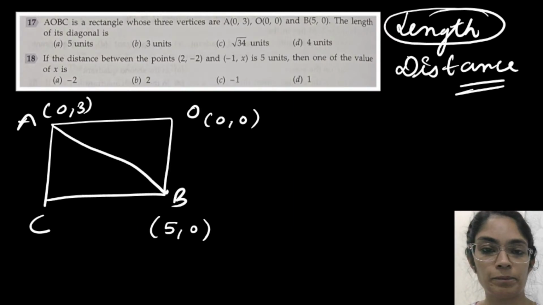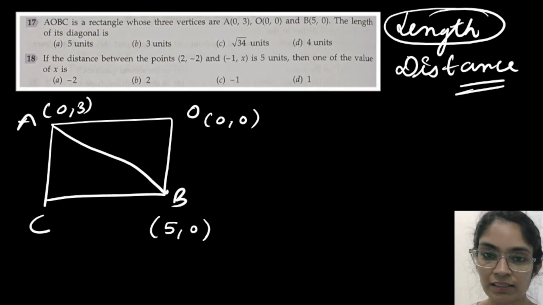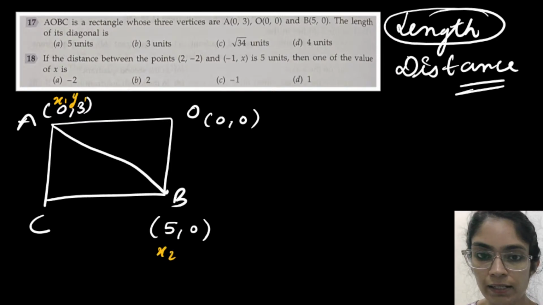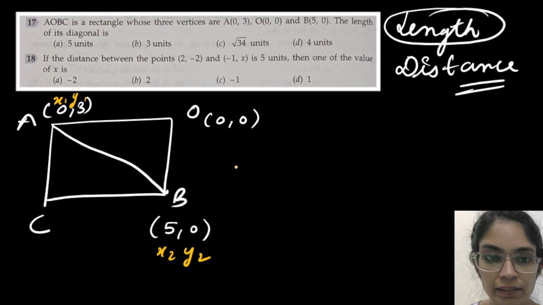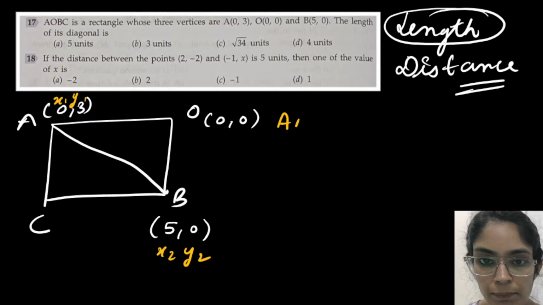It's fine. Okay. So the length of the diagonal we have to find by using the distance formula. Again here also we can use the distance formula. A's coordinates we can write as x1, y1. B's coordinates we can write as x2, y2. Okay, if it is clear, we can do this question. So we can find the length of AB now, which is the diagonal of the rectangle.